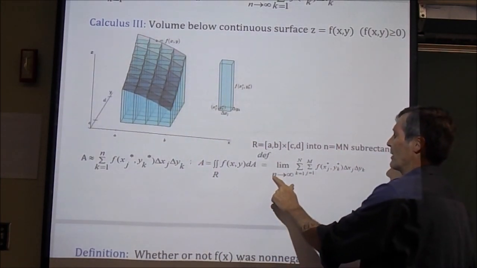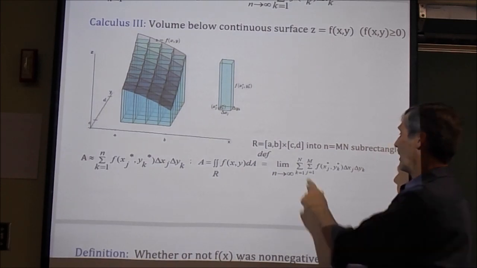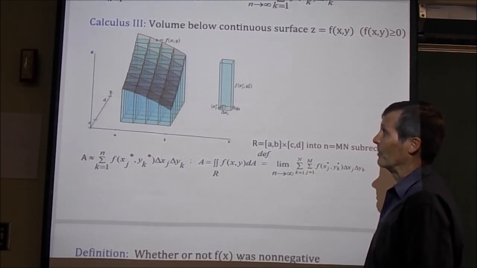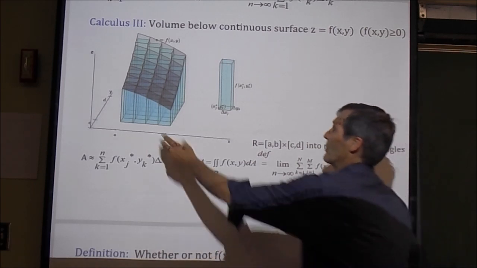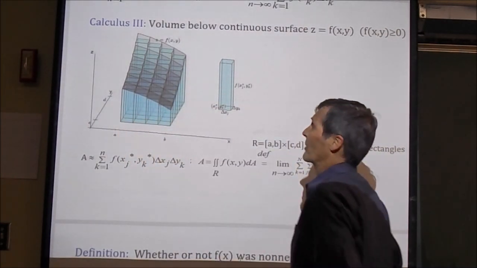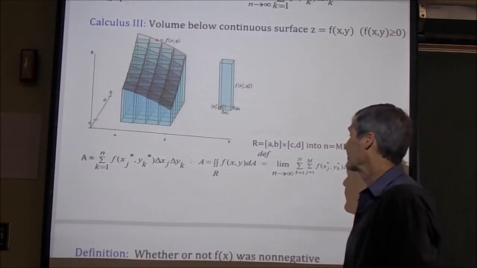Then if you take the limit as the number of rectangular boxes goes to infinity, of the sum of the volumes of the boxes, that gives you the same number, no matter how you partition these two axes, as long as the width of the widest subinterval in both directions goes to 0 as n goes to infinity, and f is continuous.